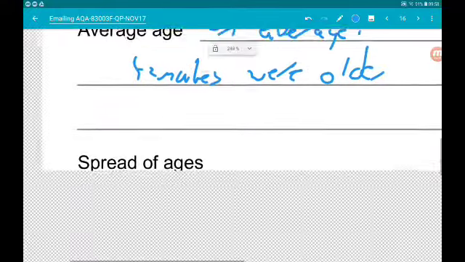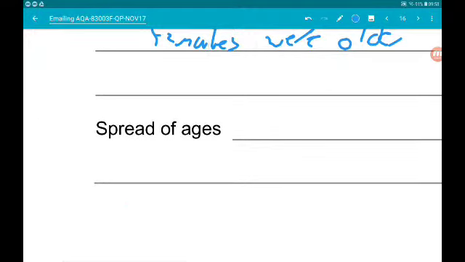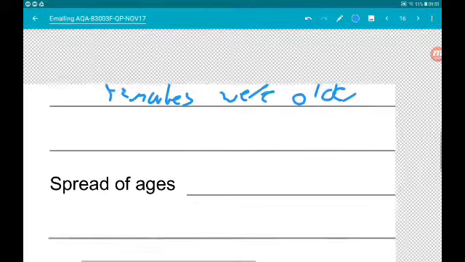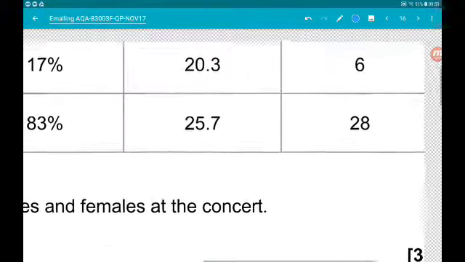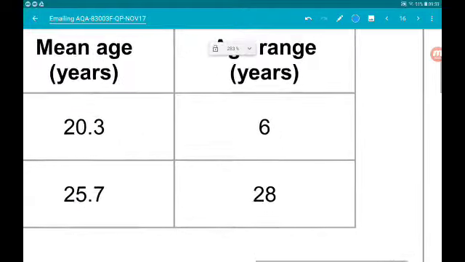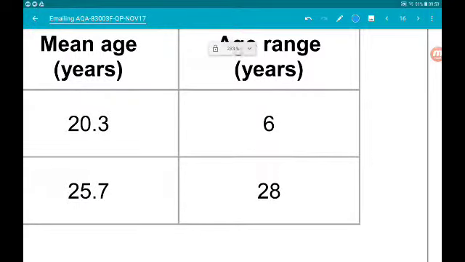And then the third one, the spread of ages. So the spread is dictated by the range. If you have a bigger range, which remember is biggest take smallest, your data is more spread out. So the range of the blokes was 6, the range of the females was 28.